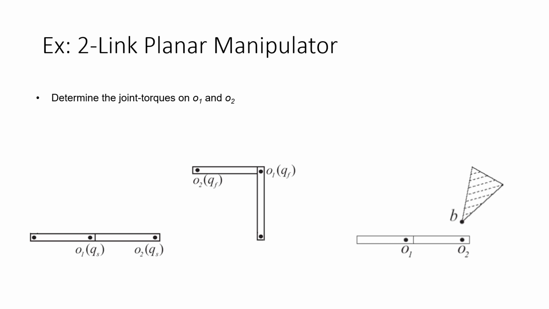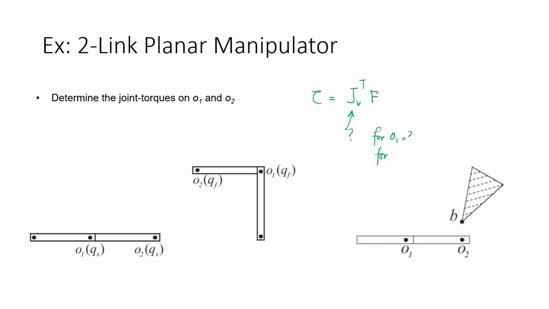And for that, we have seen this expression that the joint torques are going to be equal to the linear velocity part of the Jacobian, transposed, times the forces. So in that sense, we have to find out these Jacobians. For whom? For two things. For O1, what is going to be that?